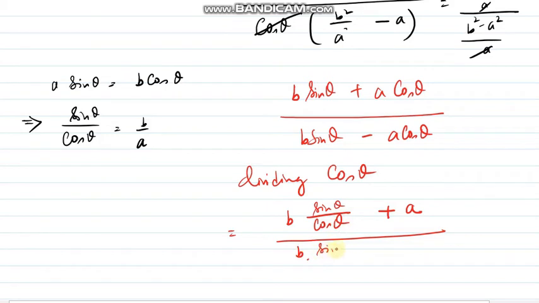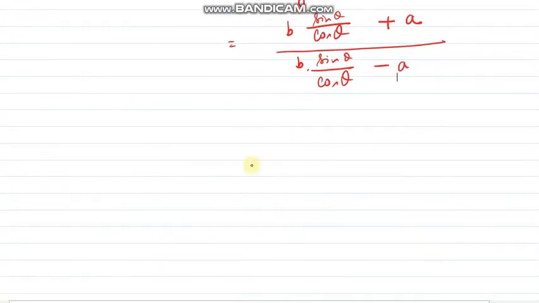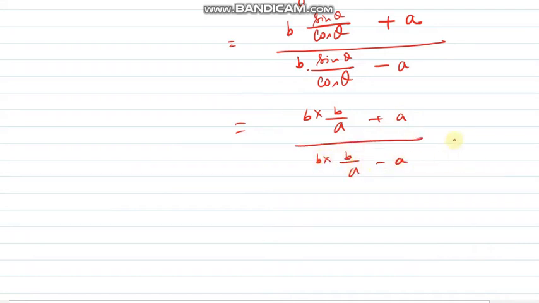So b into sin theta by cos theta minus a. Sin theta by cos theta is b divided by a. So it will be b into b divided by a plus a, divided by b into b divided by a minus a. If you simplify, again you will get the same result, right?